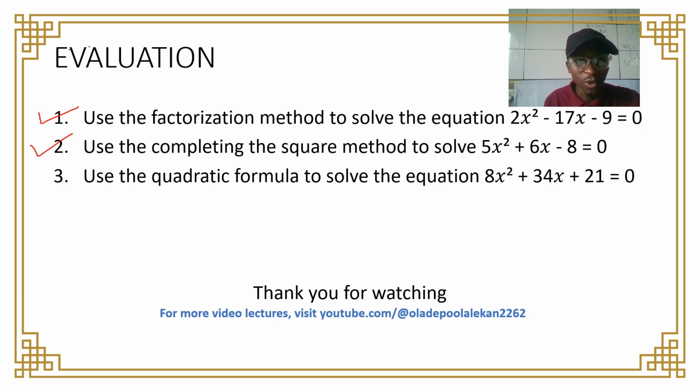Question 2, use the completing the square method to solve 5x squared plus 6x minus 8 equals 0. And question 3, use the quadratic formula to solve the equation 8x squared plus 34x plus 21 equals 0.